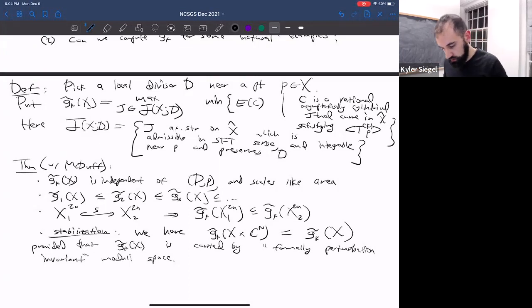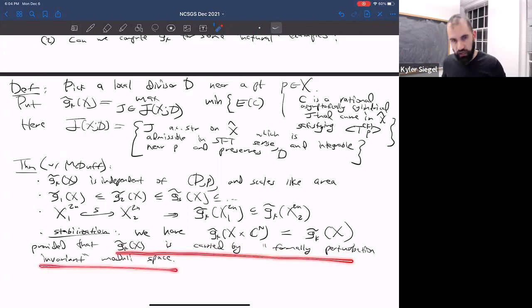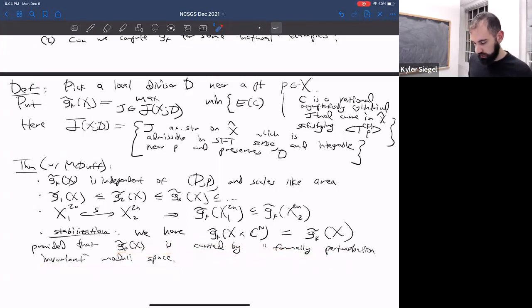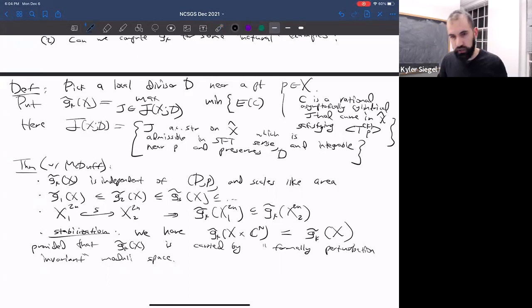This is a technical condition which is basically designed to guarantee that you have some moduli space which is robust under one parameter deformations. I don't want to get into the exact statement of the definition, but for the purposes of this talk, it's enough to mention that this holds for our main class of examples. So this holds for 4-dimensional convex toric domains, and I'll remind you the definition in a second.